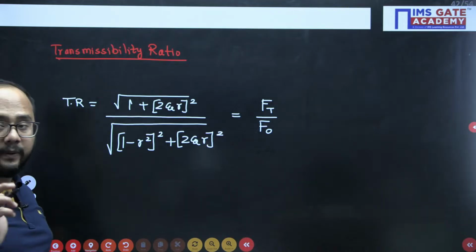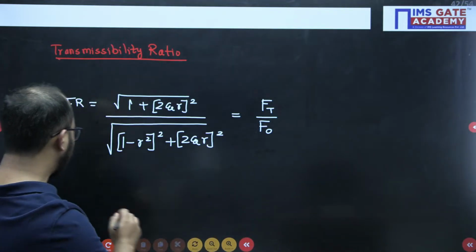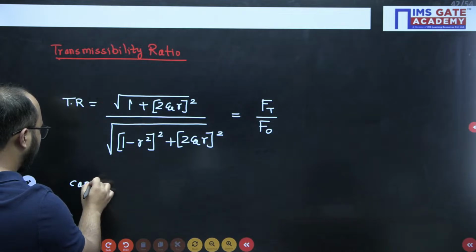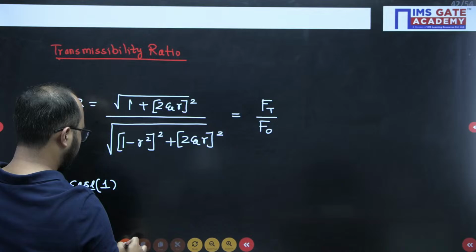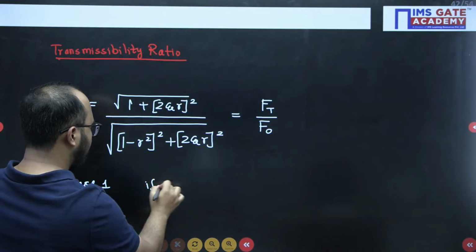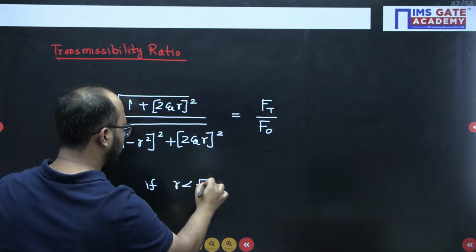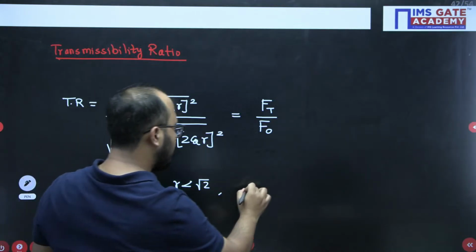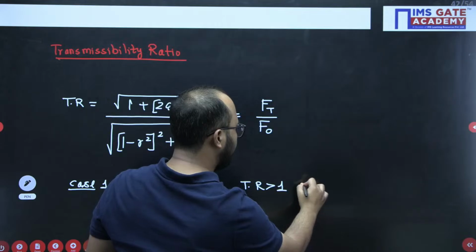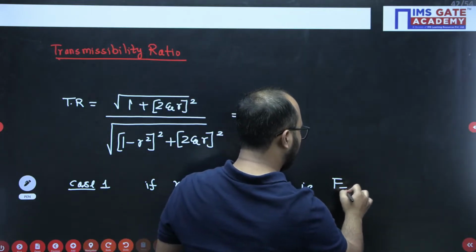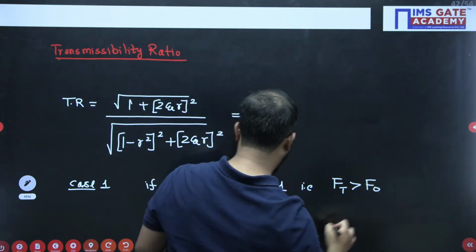And one special thing that you should remember here is the condition. Let's suppose case 1: if R value is less than root 2, then transmissibility is greater than 1, which means force transmitted to the ground is more compared to the force applied.